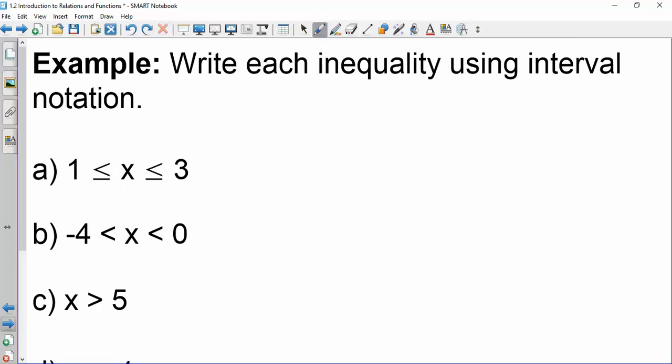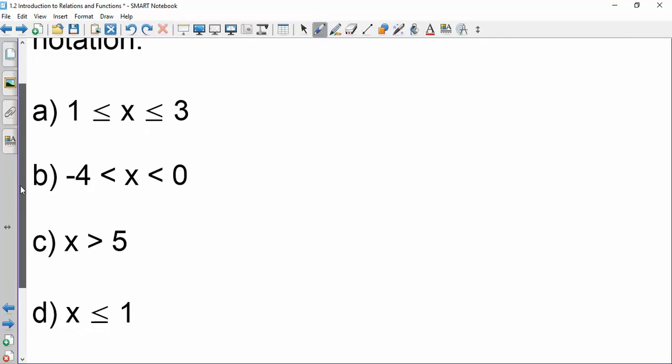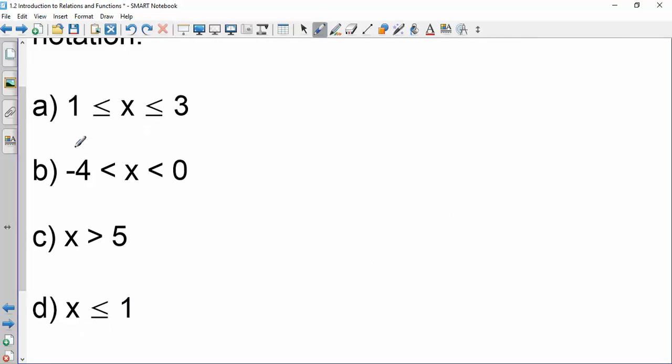So the first thing I want to do is take this set notation and write it using the interval. Okay, if it helps you, you can draw yourself a little graph. That's not required. If you're drawing a graph, you don't have to do anything too fancy. You don't have to put like every number from -10 to 10 or anything like that. We don't use open and closed anymore.